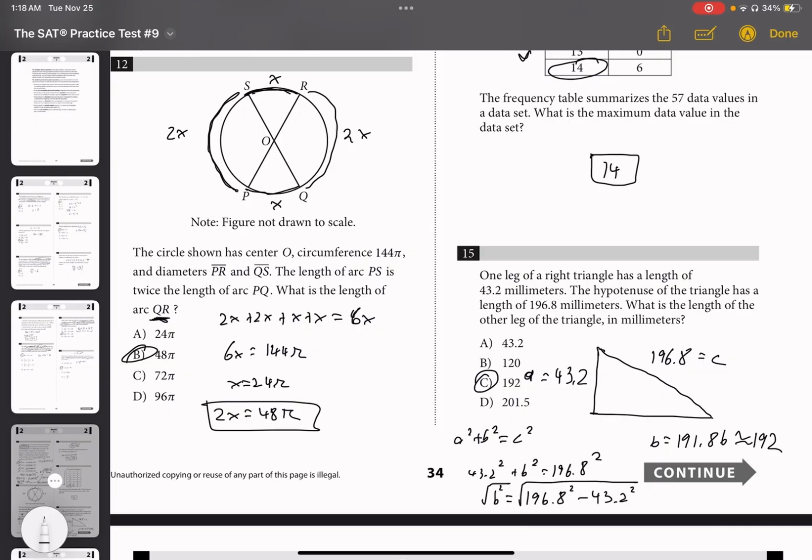And yeah, that's correct. Oh, I plugged it in wrong, but it does come out to 192 exactly. So yeah, ignore the 191.8. It's 192 exactly.